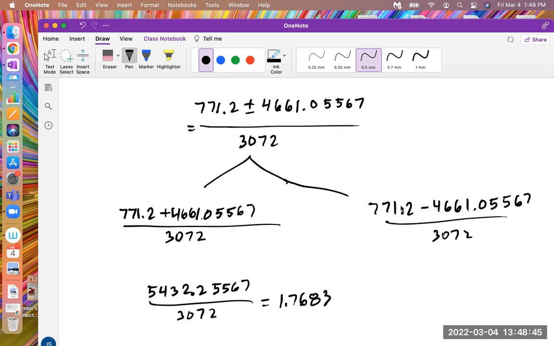I'm taking a whole number, a positive number, and subtracting a larger number. I'm going to get negative in the numerator and then divide by a positive and get a negative answer. Saying negative hours isn't going to make sense. So this is our only answer here.